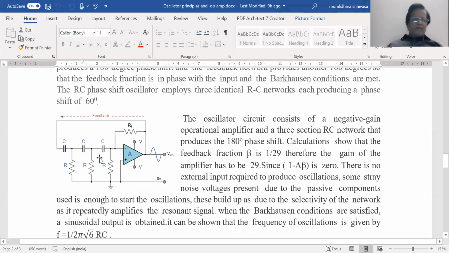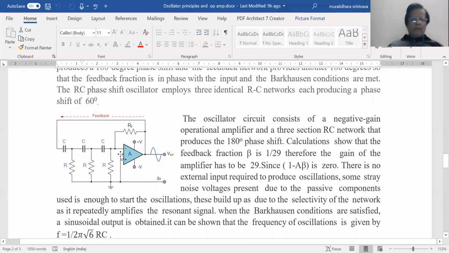So these 3 RC combinations provide the feedback. As you can see, they are feeding into the negative terminal. They also determine the gain. So the amplifier produces a 180-degree phase shift. The feedback network produces another 180-degree phase shift. So the phase shift between the input and the output is 360 degrees.